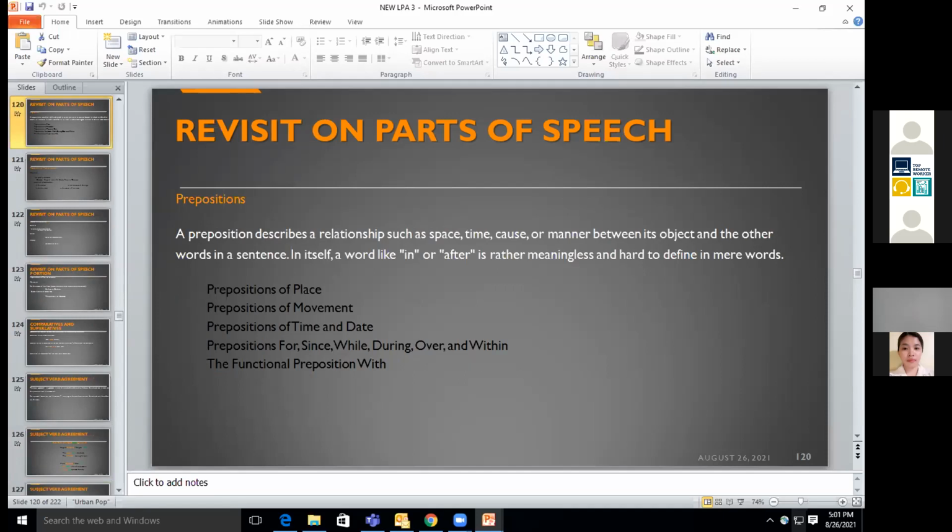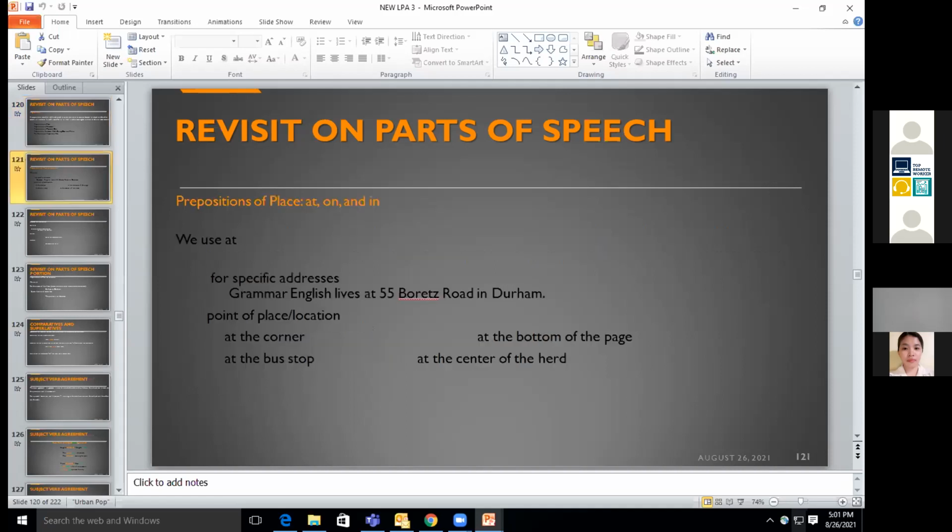In itself, a word like in or after is rather meaningless and hard to define in mere words. So you have your prepositions of place, prepositions of movement, prepositions of time and date, prepositions for since, while, during, over, and within, and the functional preposition with. Okay, we'll look at that on the next slides.